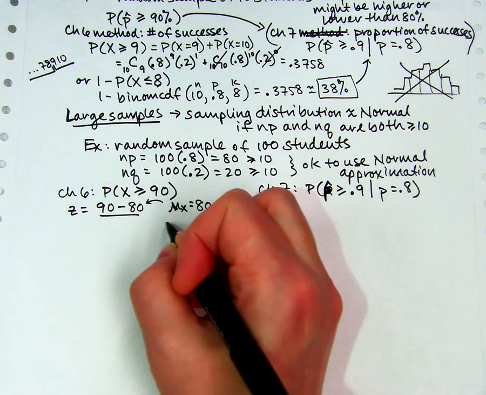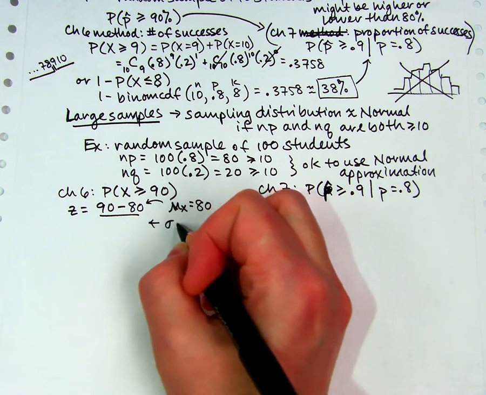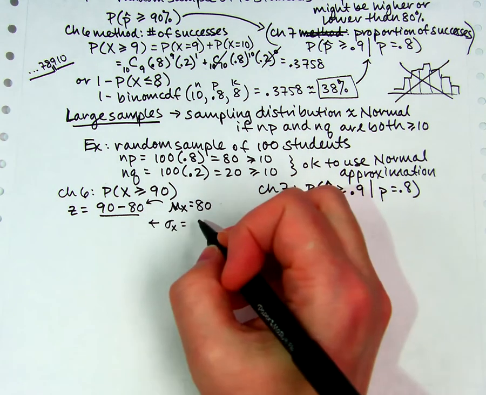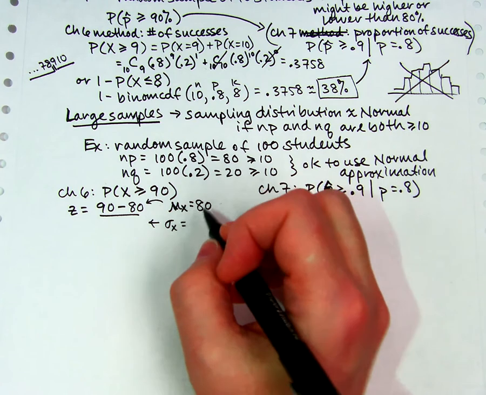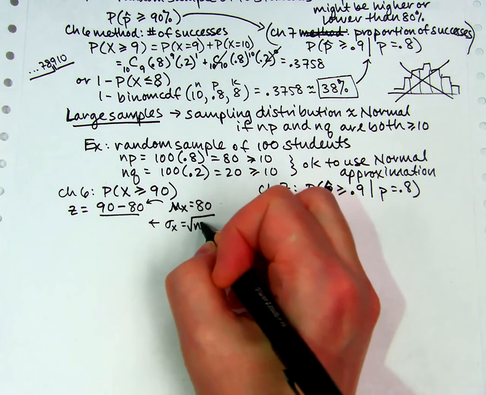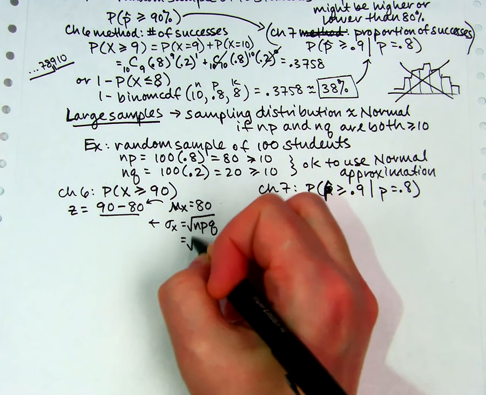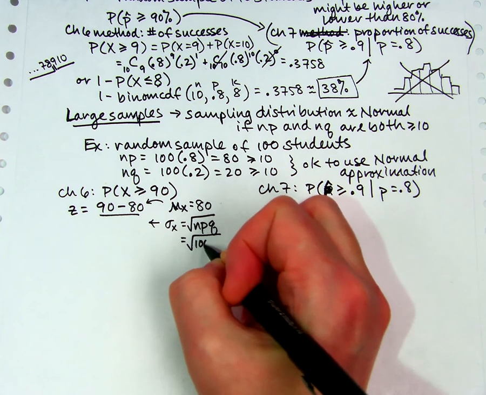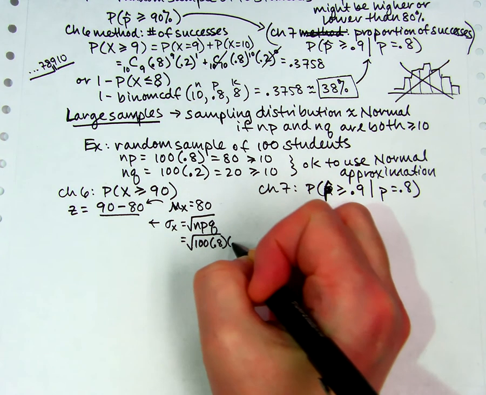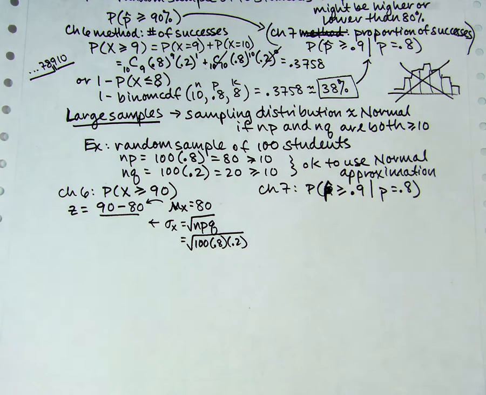And then on the bottom, I need my standard deviation, which, as you might remember from Chapter 6, is the square root of npq, which is the square root of 100 times 0.8 times 0.2. And that comes out to, actually, it comes out really nice.